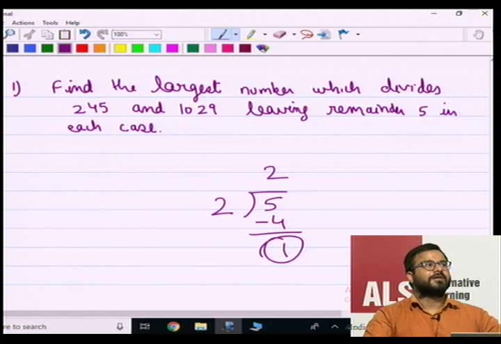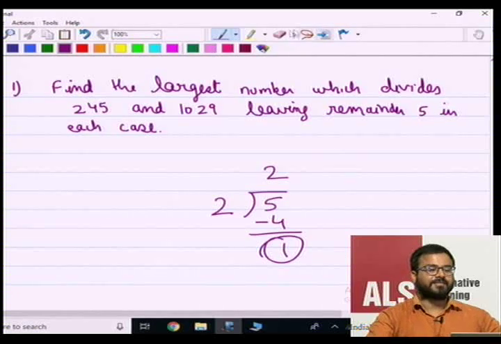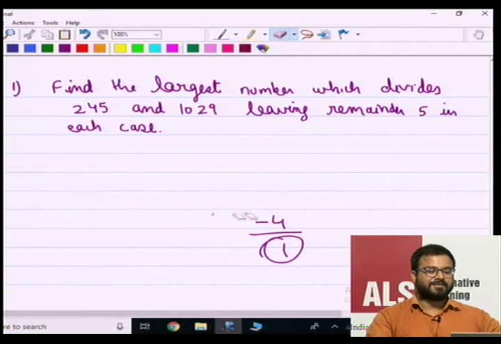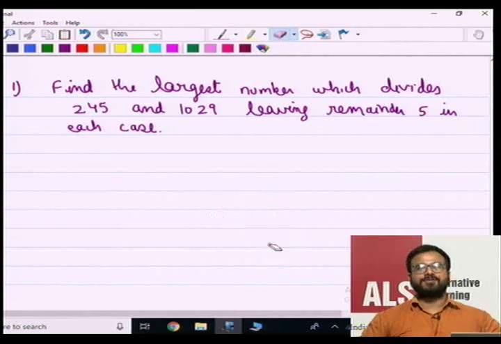Okay. Yes, Itanagar, that is right. Okay, I will not give you a hint so easily. Try once on your own.